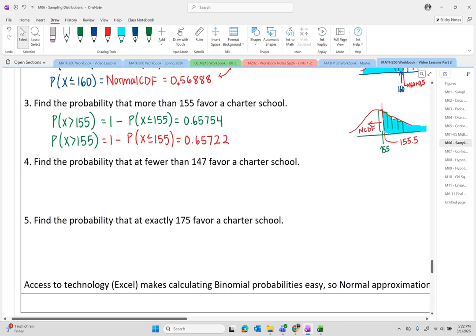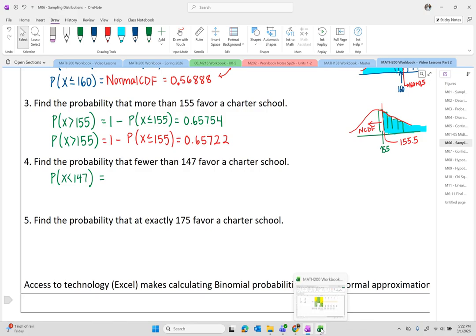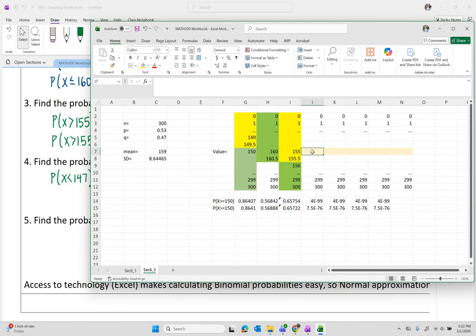Find the probability that fewer than 147 will favor the charter school. So this is the probability that X is less than 147. In terms of binomial CDF, if my number here is 147, less than 147 will be all these values.